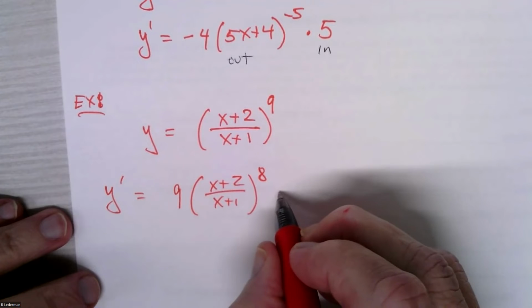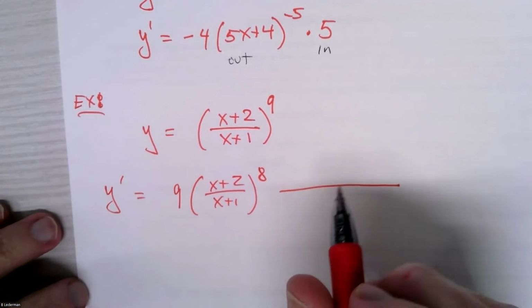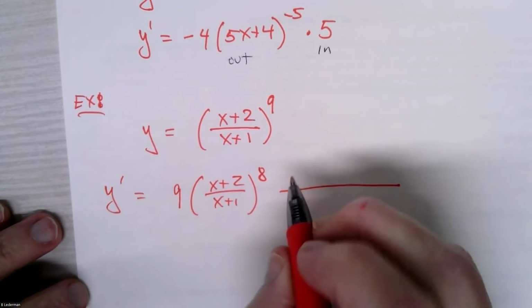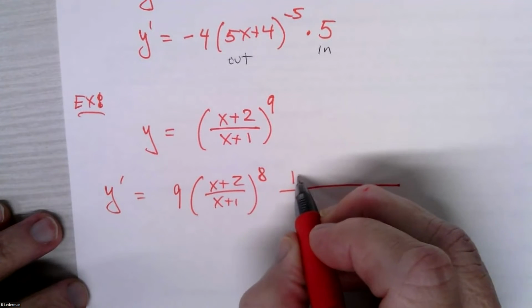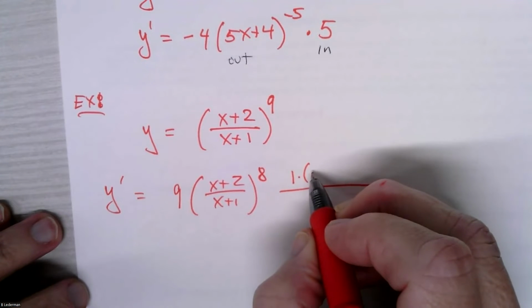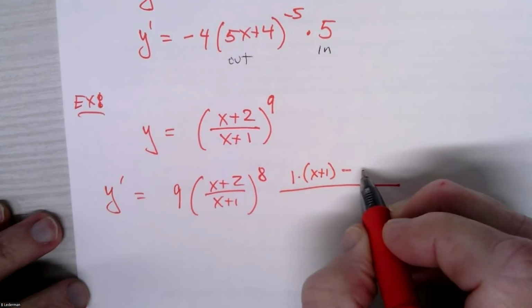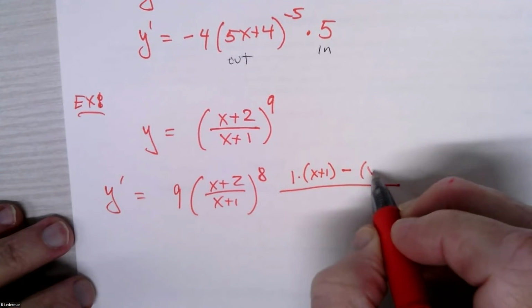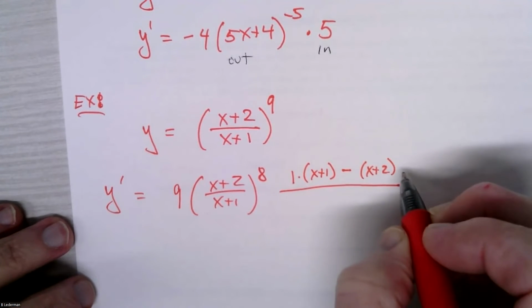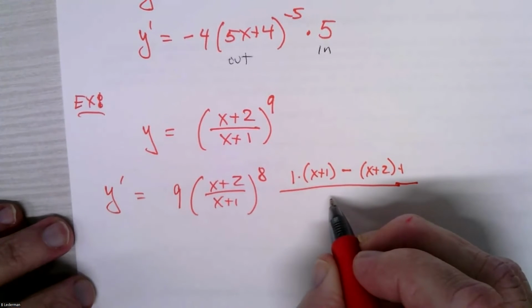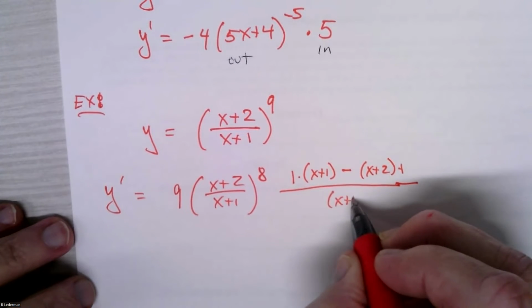The inner derivative is going to be f prime g, which is 1 times x plus 1, minus f, which is x plus 2, g prime, which is 1, over g squared.